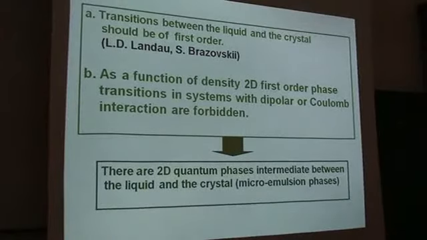How do you conclude that the phases are necessarily quantum? These two statements are just statements. One doesn't have the status of a theorem, but it is very strong, and there are very serious arguments behind it. I don't want to go into this.